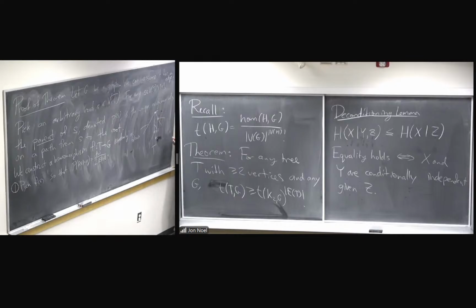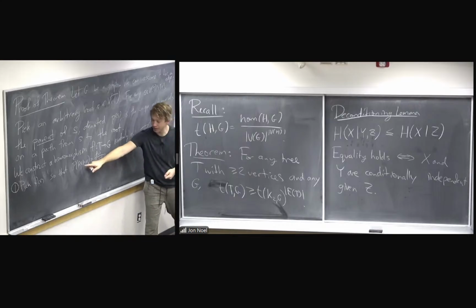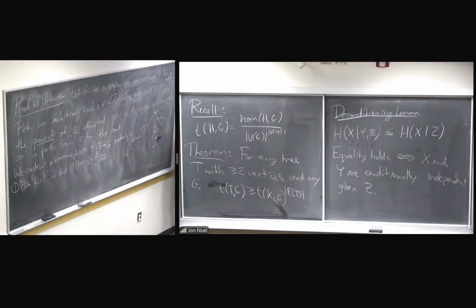Well, it's got to go to a neighbor of f of r. And we may as well just pick a uniformly random neighbor. And we can do that for each neighbor of the root. And remember, in a homomorphism, we're allowed to map 2 vertices to the same place. That's not a problem. So we can do this independently for each vertex.